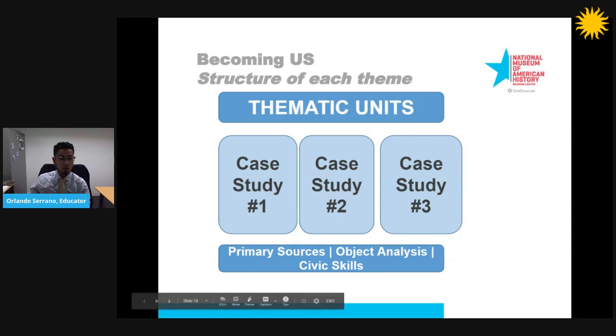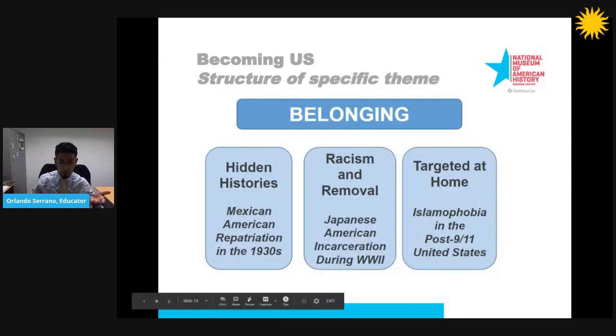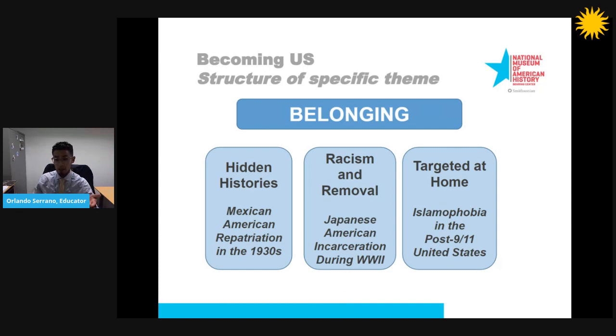So to give you all a better understanding of what this would look like, in the theme of belonging, we have a hidden history, which is also a feature that we have put as a through line across all the different themes. Each of the themes has a case study that focuses on a story that oftentimes is left out.